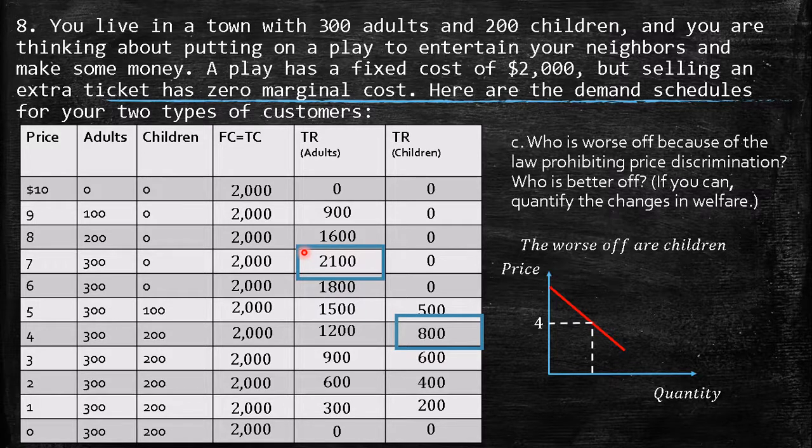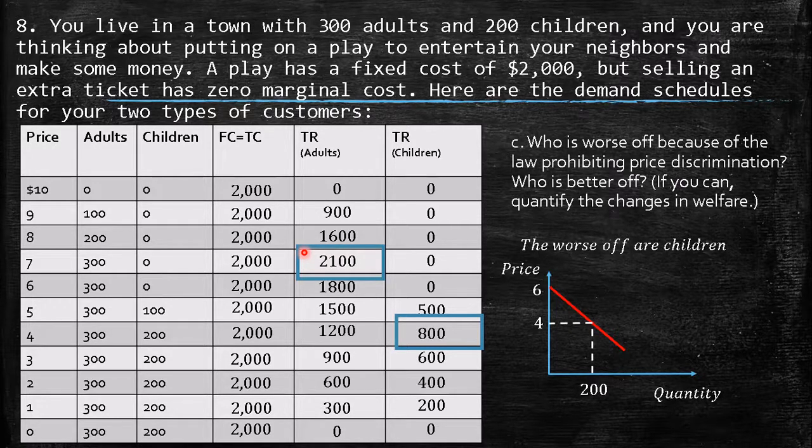And here we have the price, which was 4 the first time with discrimination, and the quantity consumed for that value was 200. With a price of 6, the children don't consume anymore.